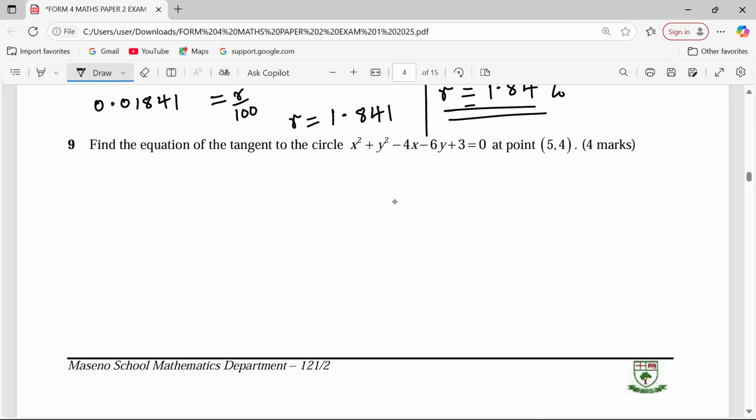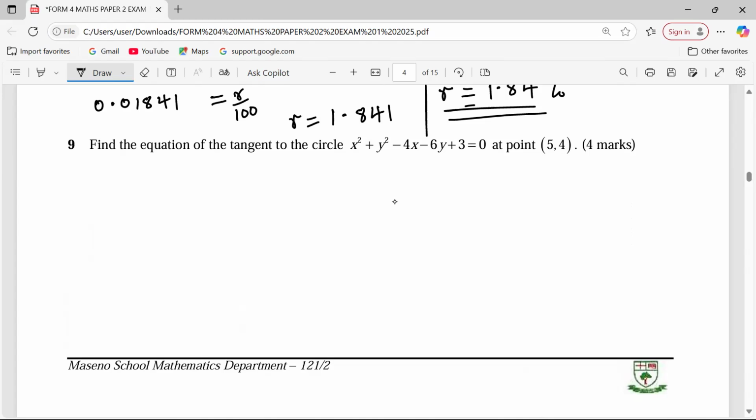But we know that in case we draw a line from the center of the circle to the tangent, this line shall be perpendicular to the tangent. So we are going to use the knowledge of the tangent and the radius, knowing that they are perpendicular to one another, for us to get the equation that we need.